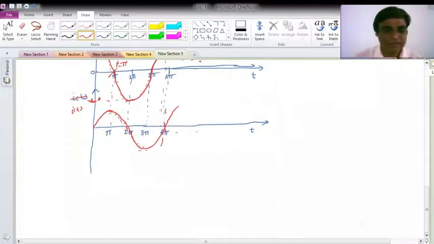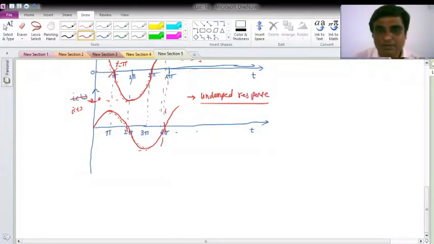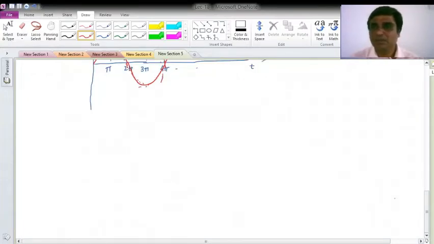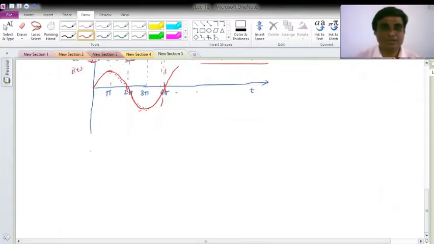Okay, so this behavior is called undamped response or undamped behavior, okay, which is fully oscillatory, completely oscillatory, right?